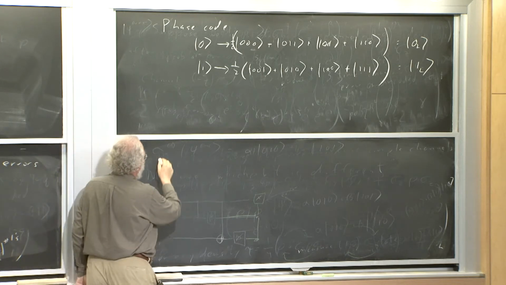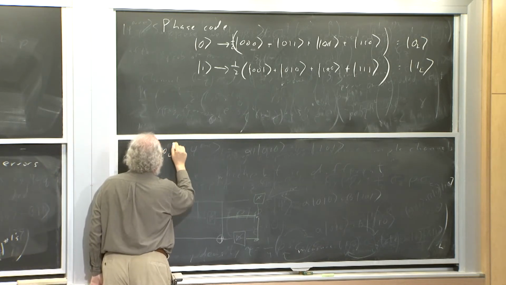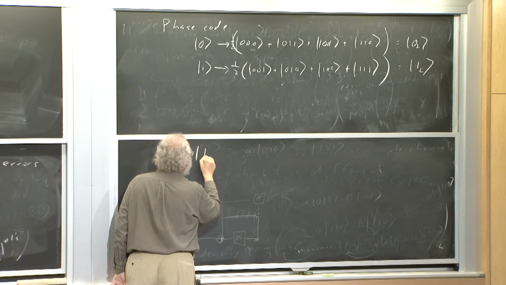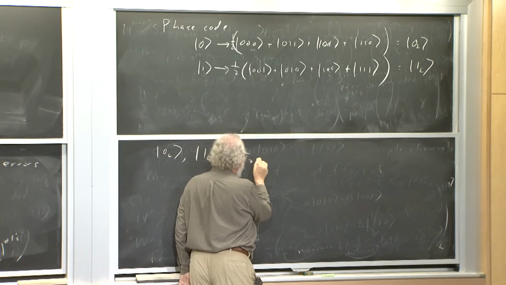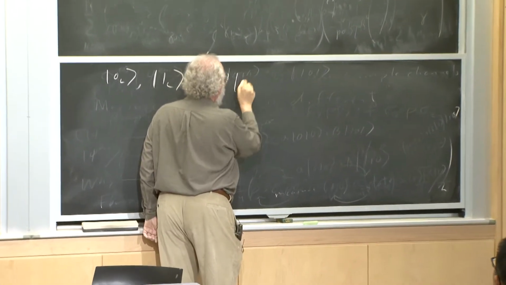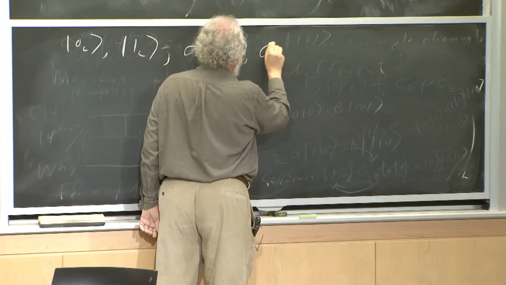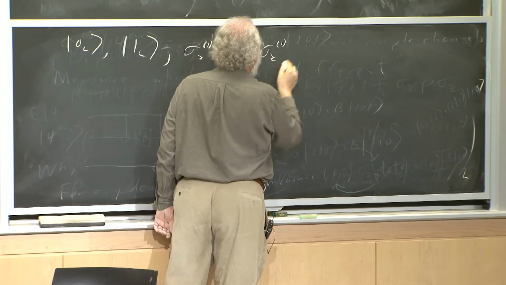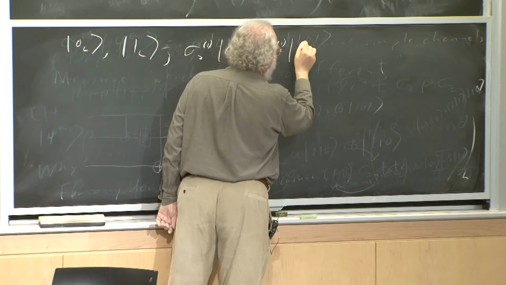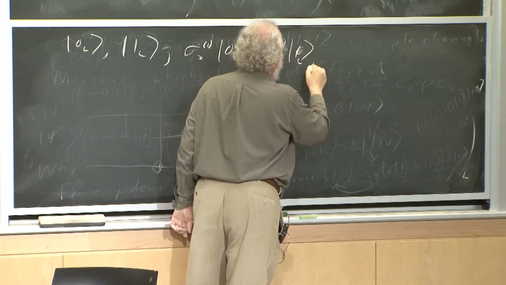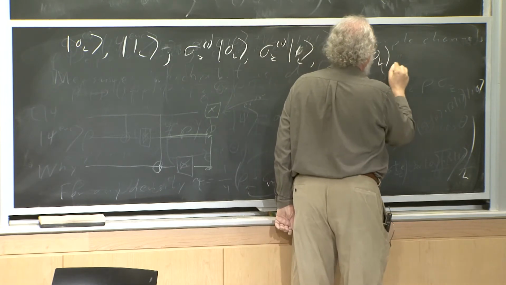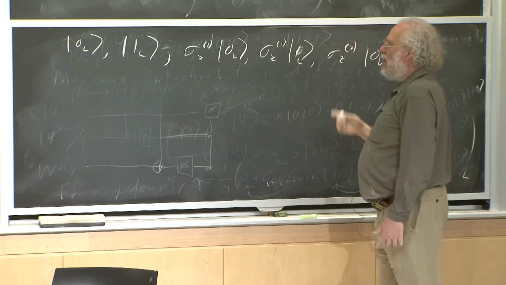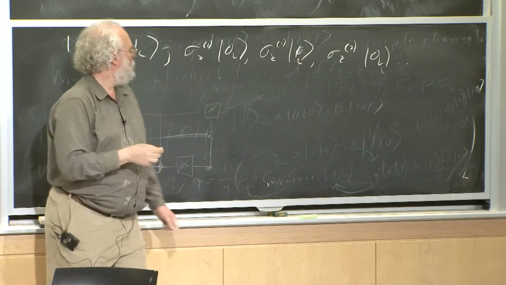So logical 0, logical 1, sigma z on the first qubit of logical 0, sigma z on the first qubit of logical 1, sigma z on the second qubit of logical 0, etc., are all orthogonal.